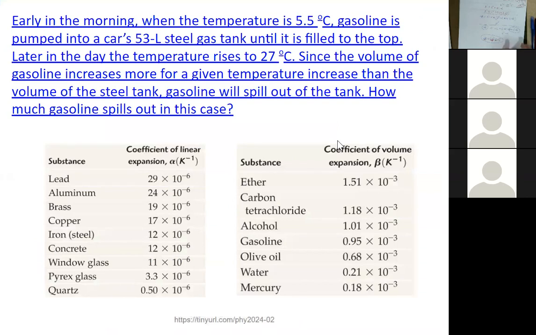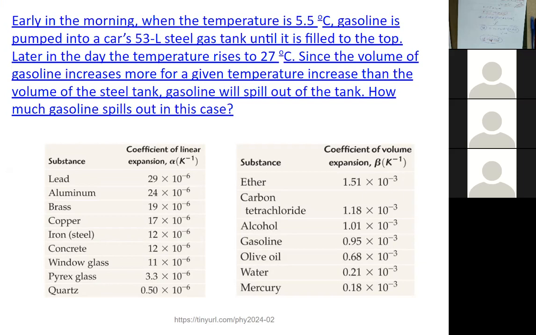All right, so let's take a look at one example or exercise here. Early in the morning when the temperature is 5.5 degrees Celsius, gasoline is pumped into a car's 53-liter steel gas tank until it's filled to the top.